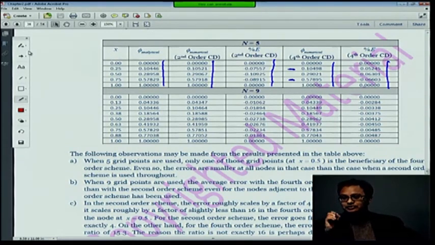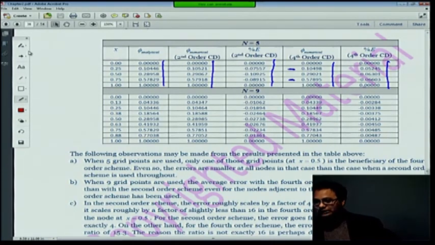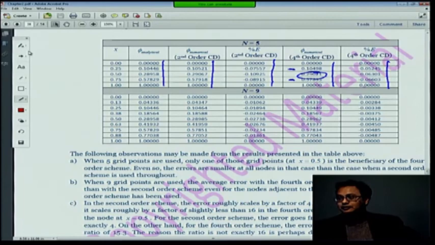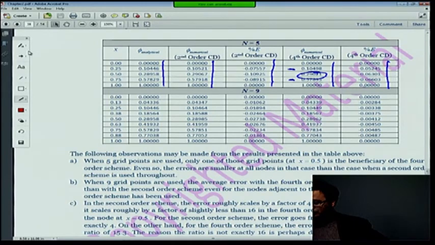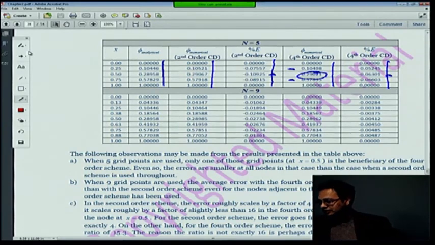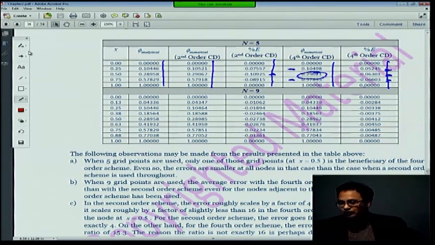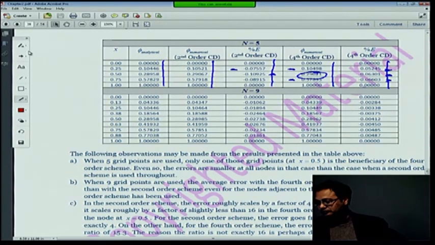The only node in this case that used a fourth order approximation is the middle one. But you can already see, even with one node treated with a higher order approximation, the error here is 0.10, here it's 0.06. And that effect of higher accuracy propagates also to these nodes, even though they have second order approximation. So they are also more accurate than these numbers, 0.07 and 0.08.